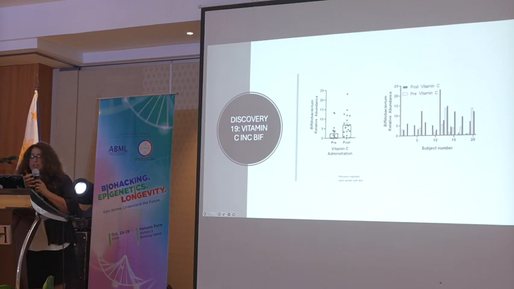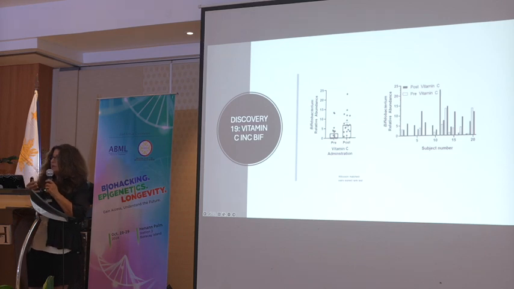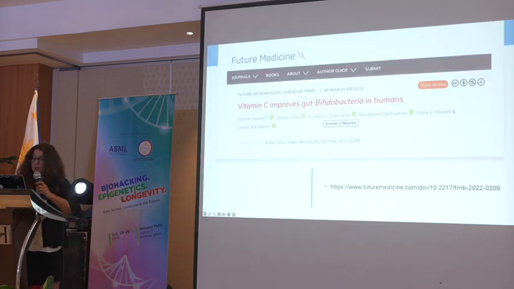It's important, if you see changes in your patient, that their cancer is improving, to look at the microbiome before and after to see what has changed in the microbiome that the curcumin helped, right? Because this adds more to the formula of improving the gut. So we published this paper, vitamin C improves the gut bifidobacteria.